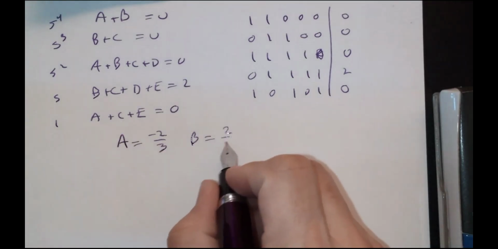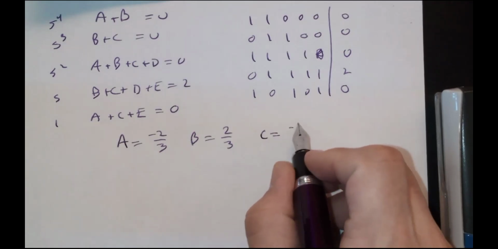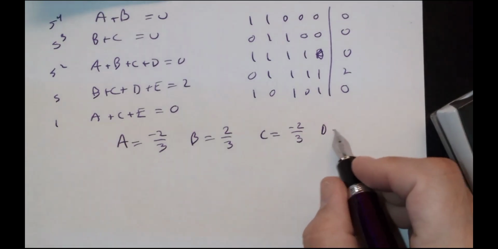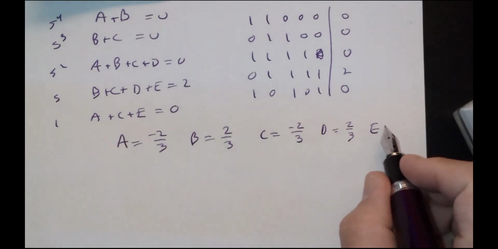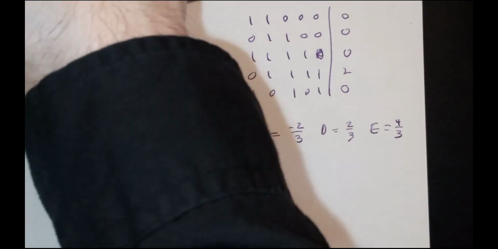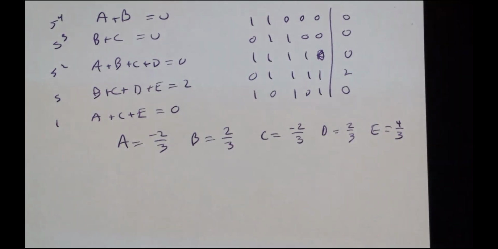B equals 2/3. C equals negative 2/3. D equals 2/3. E equals 4/3. Okay, so far? Here's the gross part.